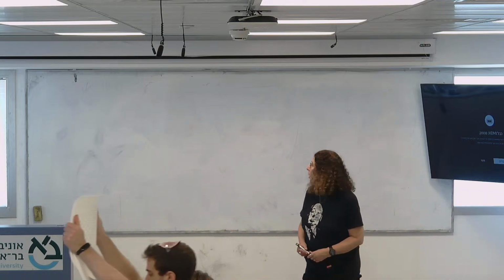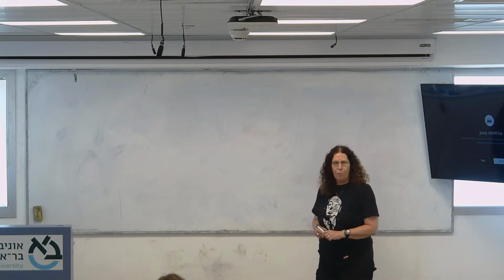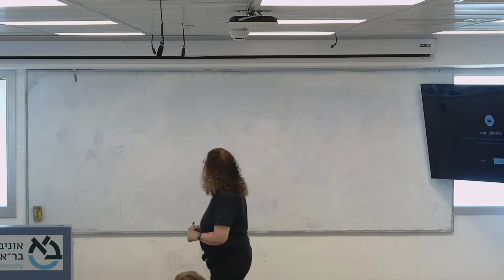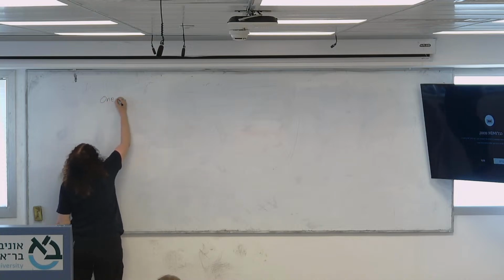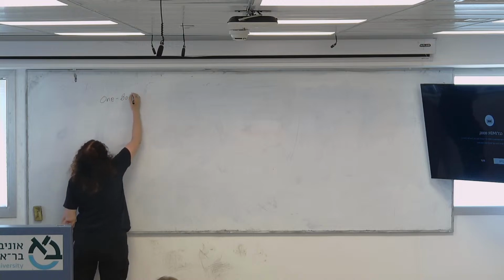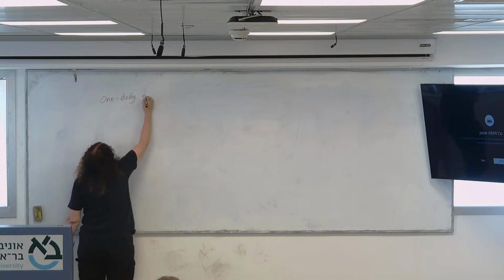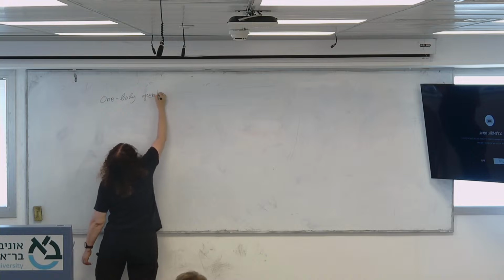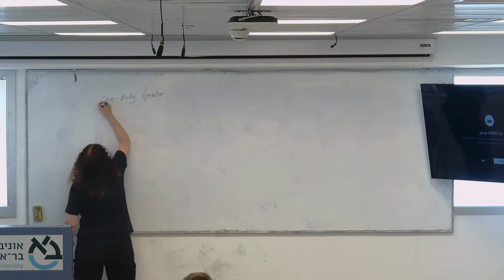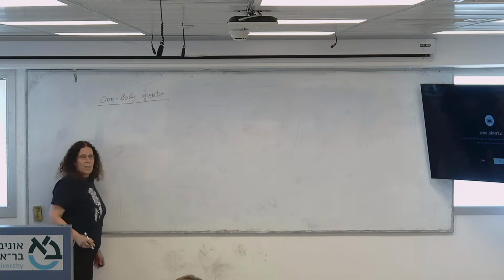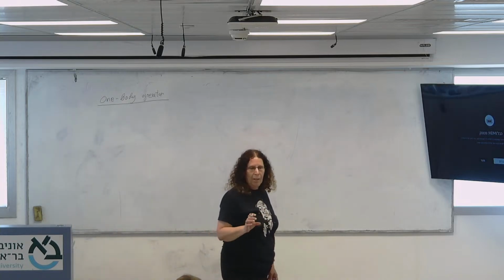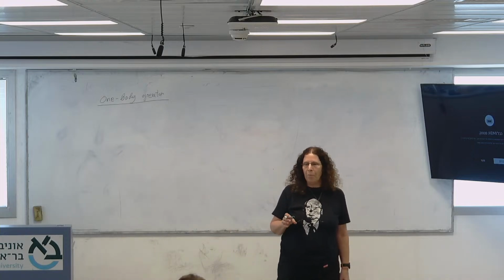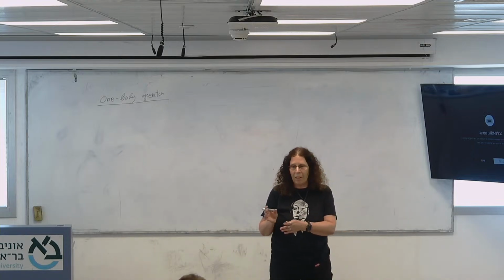Good. So a reminder of the main concepts that we're going to use. First, we define a one-body operator. It's an operator that describes a physical quantity that acts only on one particle, or on one particle at a time.